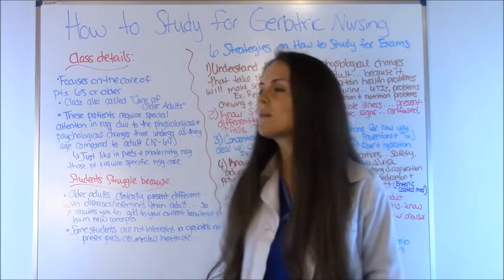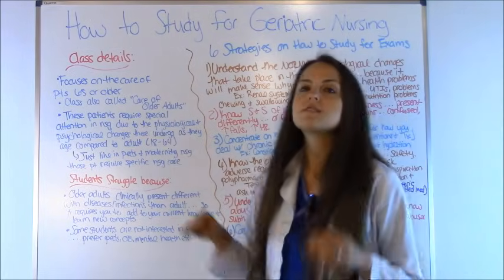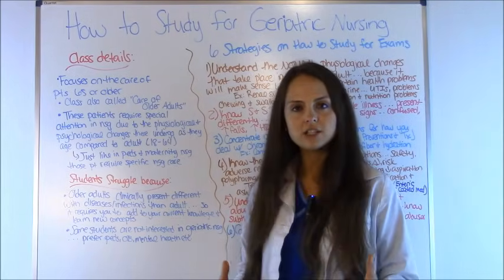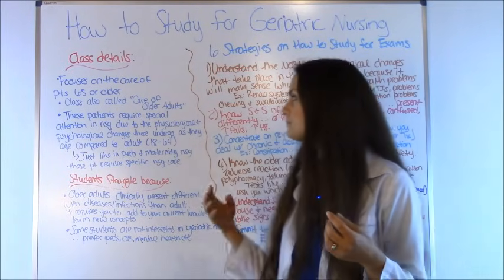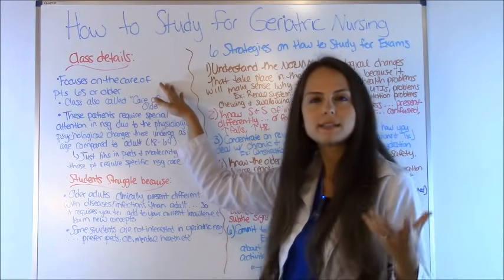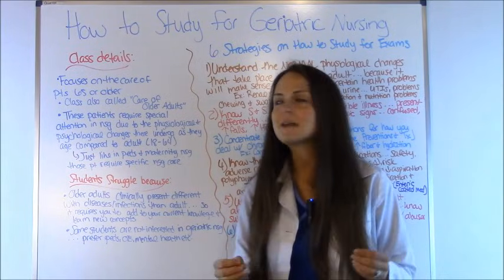But let's first talk about what this class is about and what it entails. This class focuses on the care of patients from the age of 65 or older. And this class is also called by some nursing school programs care of the older adult or geriatric nursing. It's the same class.